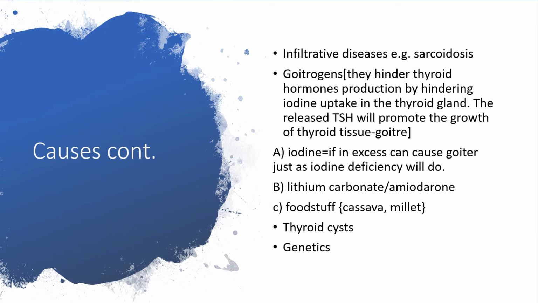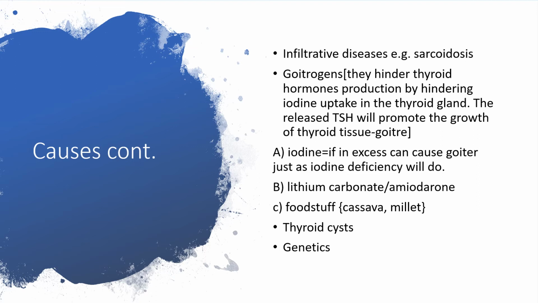Remember, the goitrogens have already hindered the thyroid hormone production, but TSH is released because there's a low level of thyroid hormones. So the TSH is working on the thyroid gland, but the goitrogens are not allowing the hormones to be released. And then what will TSH achieve? The TSH will achieve growth of the thyroid tissue itself.